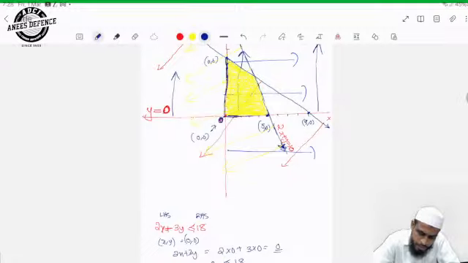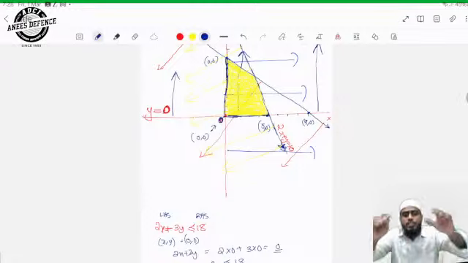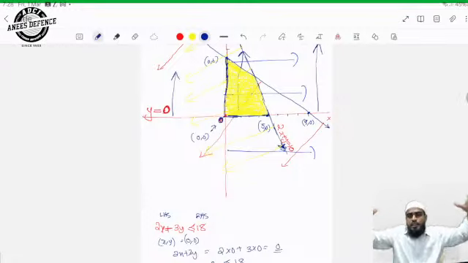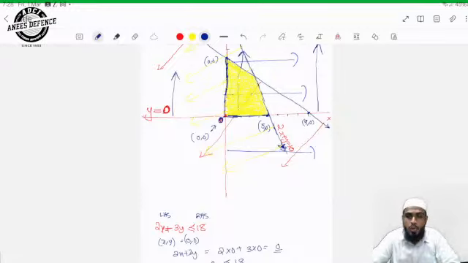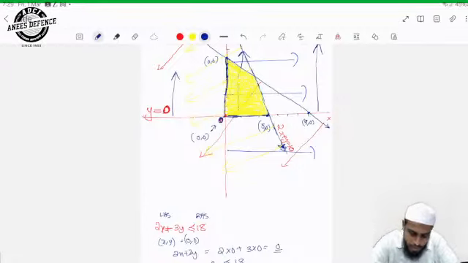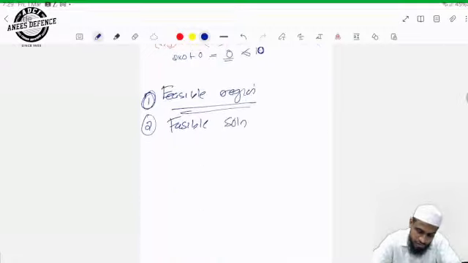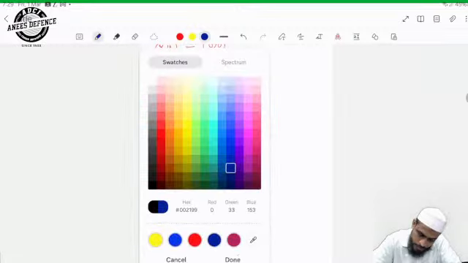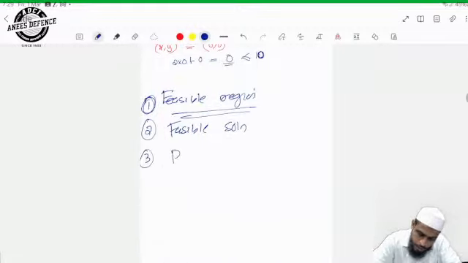Here all sides are covered by the lines. So we can say that it is a bounded solution. Bounded means all the sides are blocked, all the sides are covered by lines. So we can call it a bounded region.